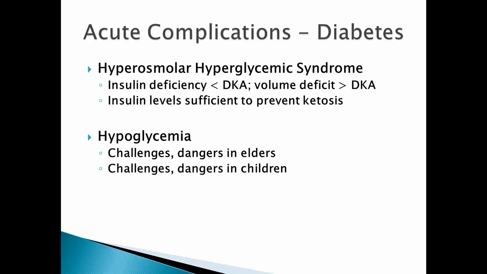And we started noticing this because we identified that individuals over the age of 75 in hospitals had a higher mortality related to hypoglycemic episodes. So why does this happen? Well, as we age, our nervous system response to hypoglycemia, which is the release of epinephrine and stress hormones, is decreased.